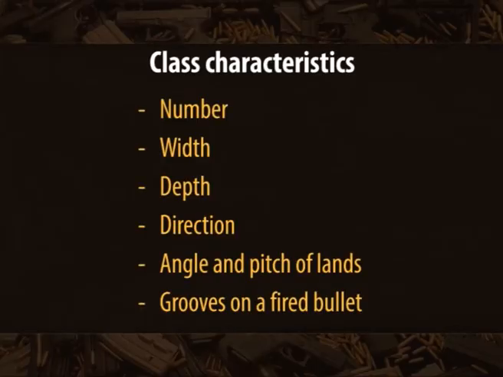If we talk particularly about the class characteristics, then the number, width, depth, direction, angle and pitch of lands and grooves on a fired bullet indicate the class characteristics of a firearm and would be common on bullets fired from firearms of the same make and model, but would be different in respect of different makes and models.